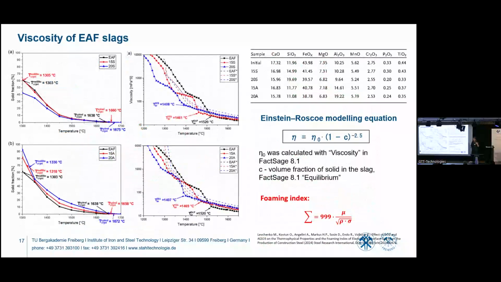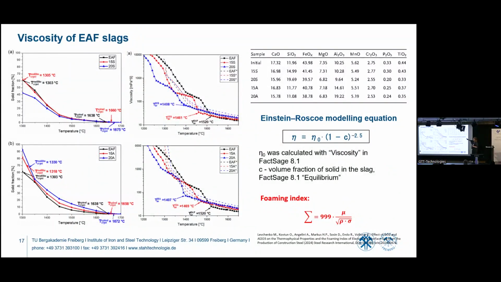So, in the next project, our task was to analyze viscosity of EAF slag. Our task was to increase the liquid determined ratio, and we made it with aluminum oxide.